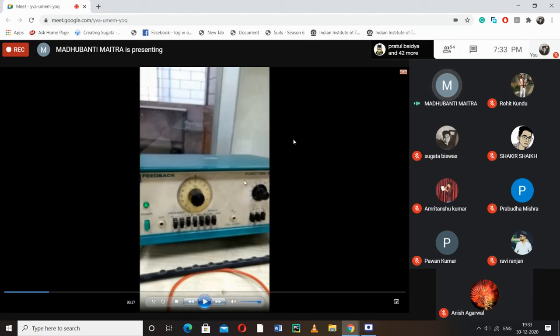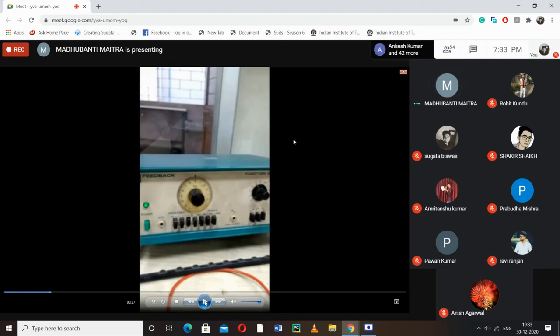With this audio frequency oscillator, we can generate a triangular wave, a rectangular pulse, also a sinusoid. We'll press this one for generating a sinusoid, and with the help of this, we'll select the amplitude.